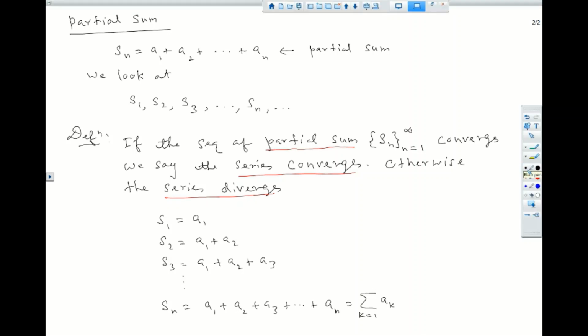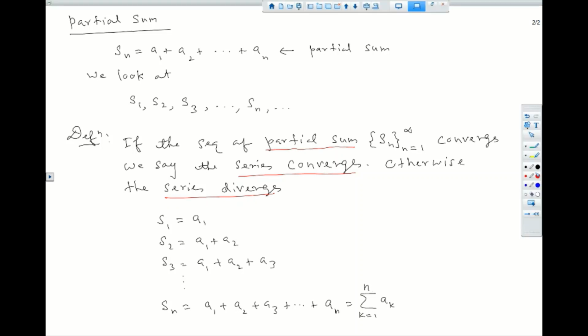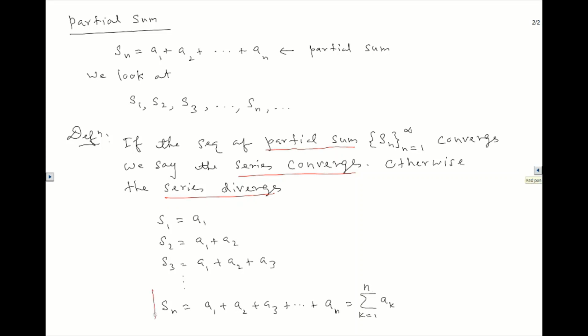So this is what we call the partial sums. You add up to n. There are other notations also, so we can discuss that later.